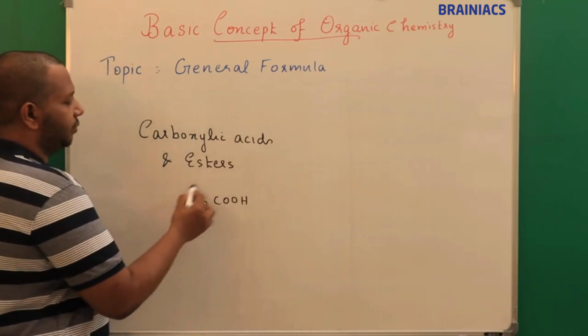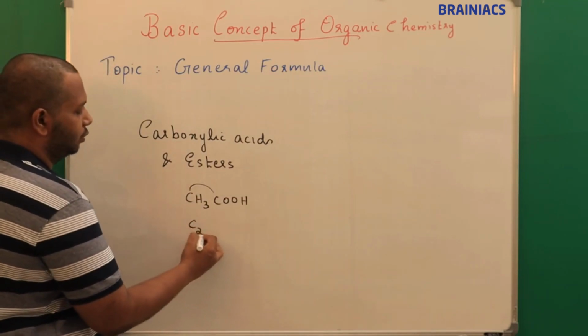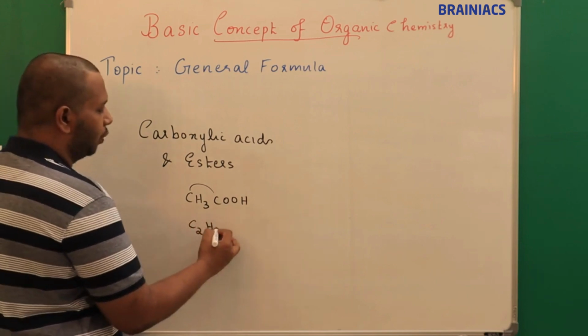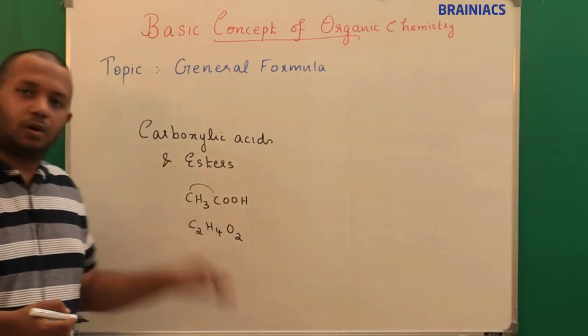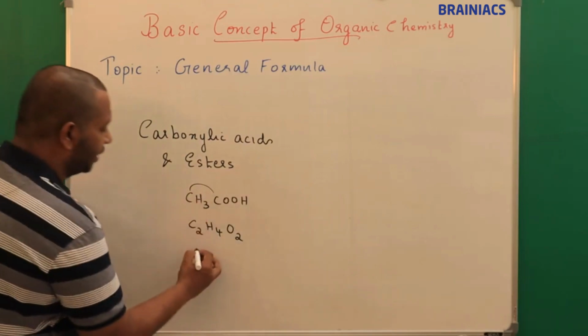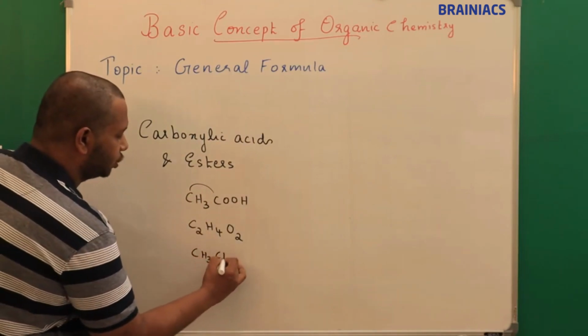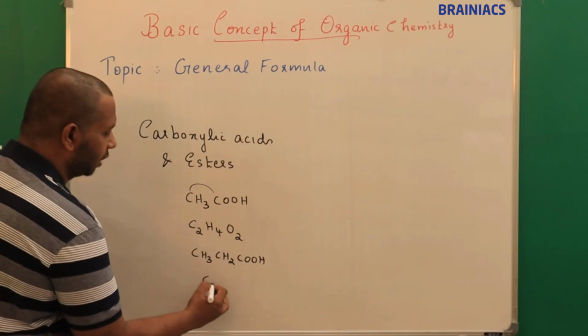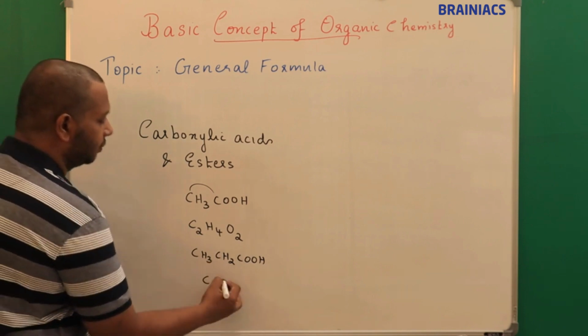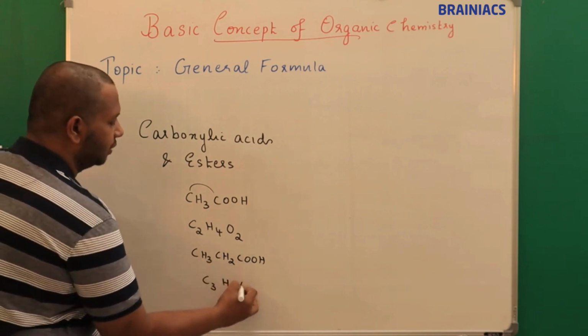Tell me how many carbon atoms are there. So we can say carbon 2, hydrogen 4 and oxygen 2. Correct? Now if I try to draw the next carboxylic acid, CH3, add a homologue CH2, then COOH. So what is happening to the carbon? Carbon becomes 3, hydrogen becomes 6 and oxygen becomes 2.